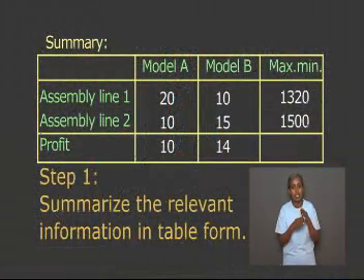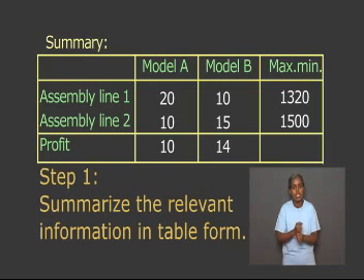Our first step is to summarize the relevant information in table form. We can do this in a number of ways, but this example provides the most accurate description of our parameters. Note that because the production of the radios is measured in minutes, we must convert the total assembly line time into that form.